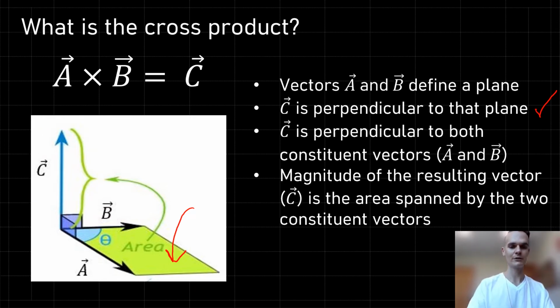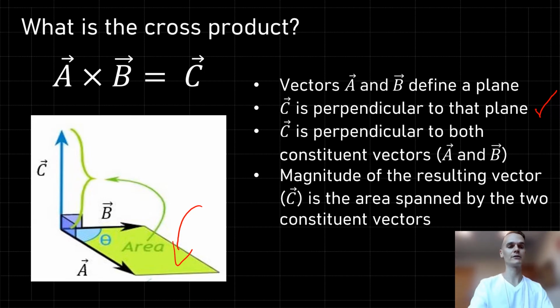Now you might ask yourself, okay, if vector C is perpendicular to the plane, is vector C perpendicular to vector A? And is vector C perpendicular to vector B? Remember that this plane is defined by vectors A and B. Vectors A and B live in that plane.